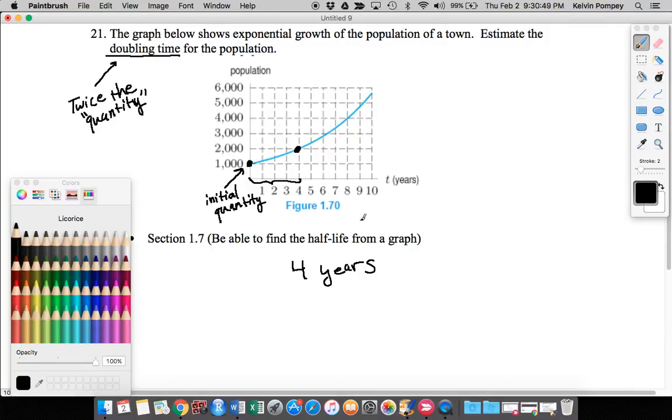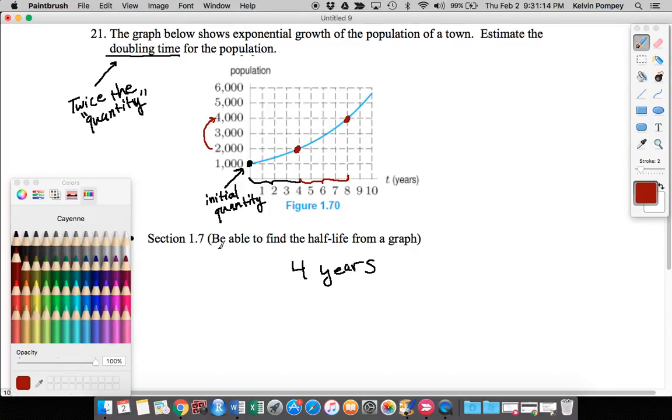I could also use the point for 2,000 here. For me to double 2,000, I would have to get all the way up to 4,000, and that occurs here, right? And the amount of time it takes to go from there to there, well, 8 minus 4 is 4 years. And so our doubling time is 4 years, all right?